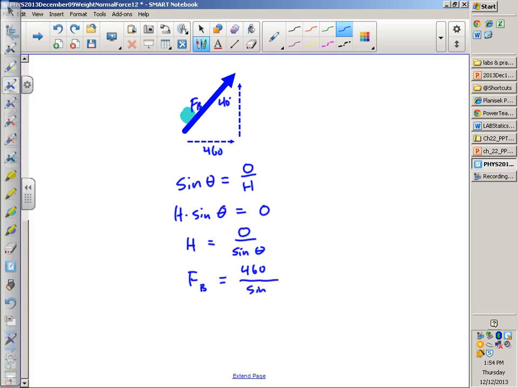And we know that the angle that they gave us was 40, right? So now we can find out what F_B is. 716.